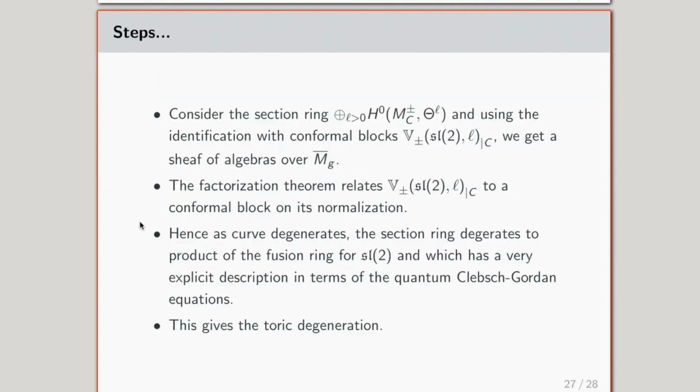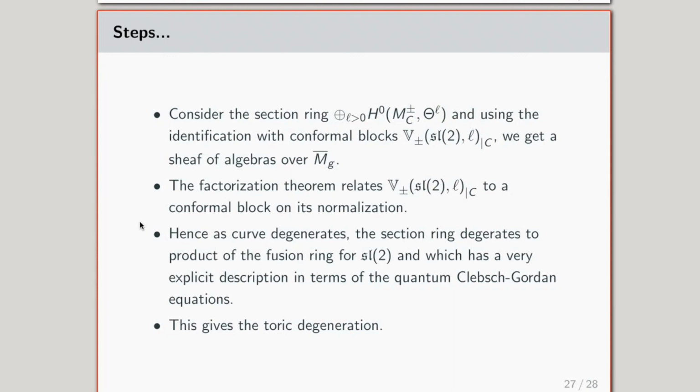So what one does, as I pointed out, is look at the section ring and forget that this section ring has anything to do with these moduli spaces, and construct it independently using conformal blocks. Then there's a theorem called the factorization theorem, which relates conformal blocks on a nodal curve to conformal blocks on its normalization.